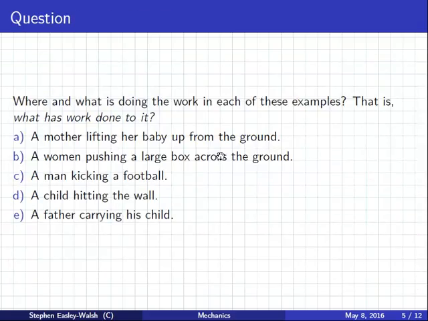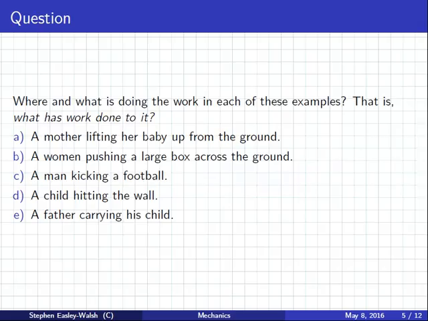Right, so here is a simple question. I don't need you to write this down because it's not a calculation, it's just to think about work. Where and what is doing the work in each of these examples? That is, what work was done to it?